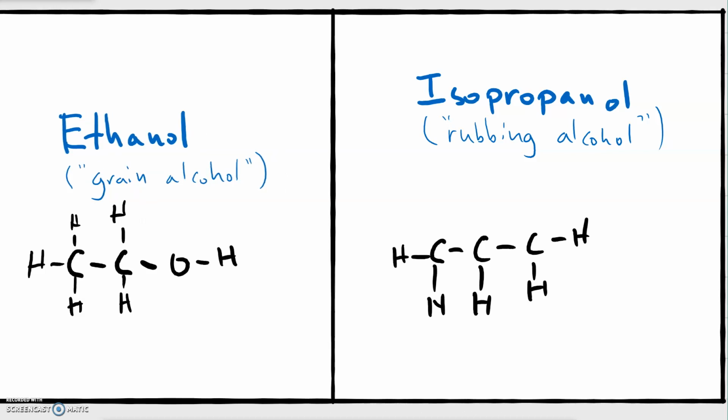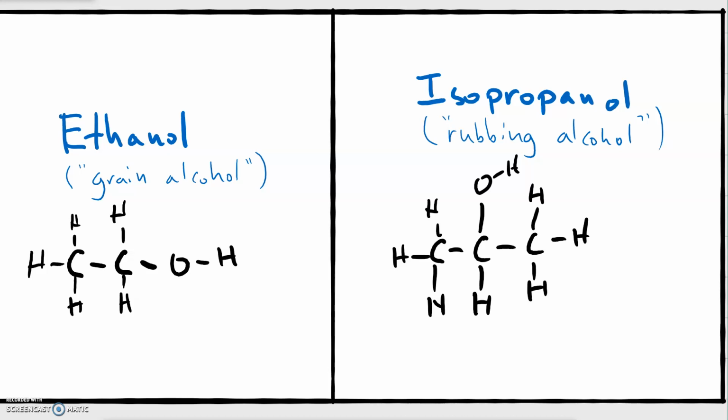It has three carbons and a hydroxyl group in the middle. Ethanol is made by fermenting many different kinds of sugars, and isopropanol is made mostly by refining byproducts from making petroleum products, actually.